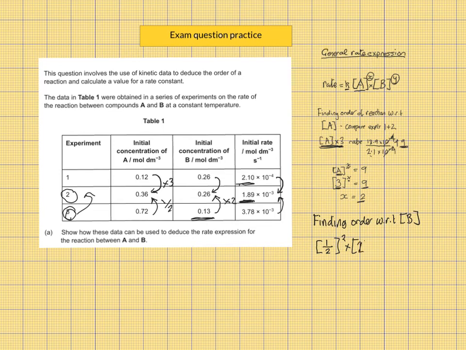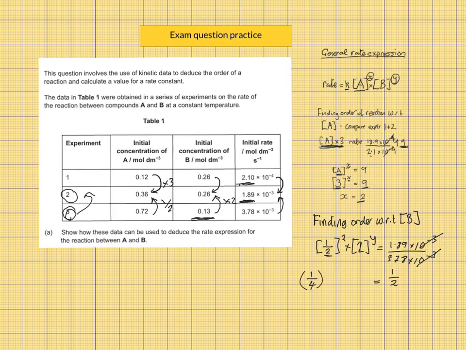But we don't know the order of reaction with respect to B. That's what we're trying to find, so we'll put that as Y. And now the rate change between experiments 3 and 2 is 1.89 times 10 to the minus 3 in experiment 2, where the concentration of B has been doubled, and 3.78 times 10 to the minus 3. So to find the rate change, let's cancel out these before we dive for our calculators. And that comes out to a half. The rate has gone down by a half. We know that a half squared is a quarter.